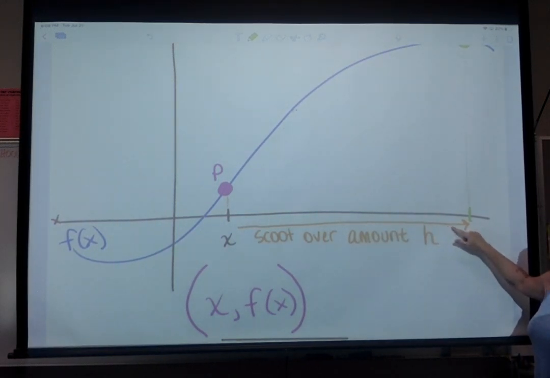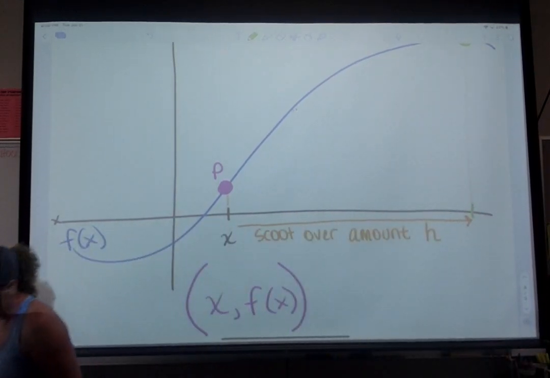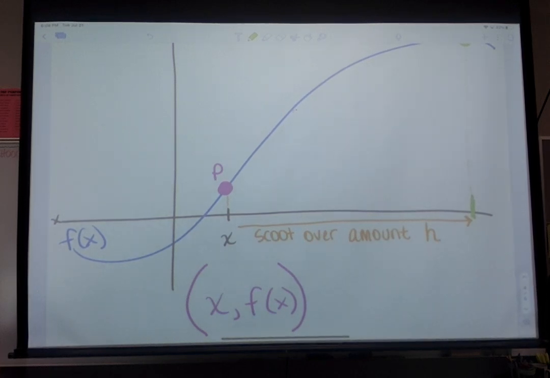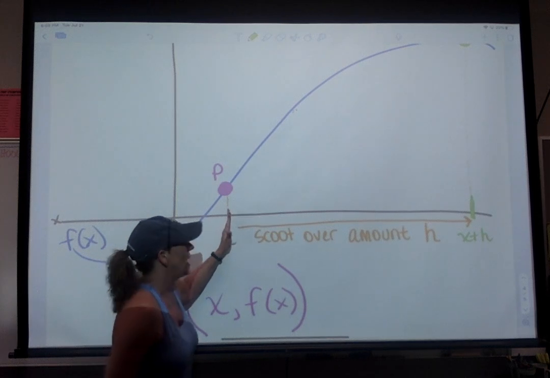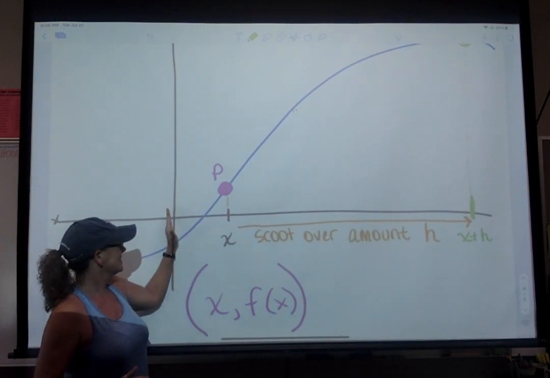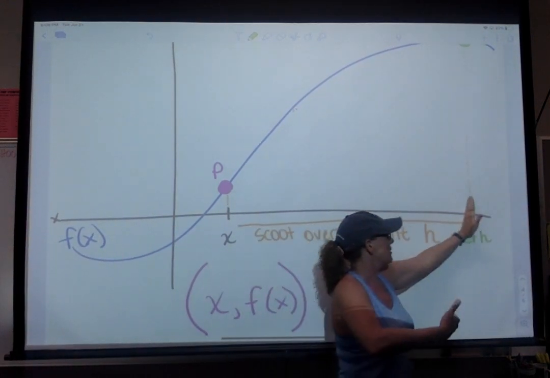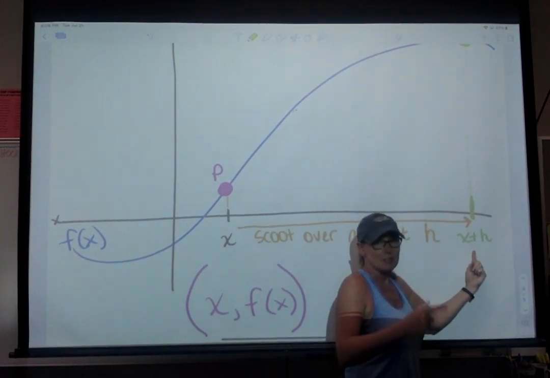How much more? H. Now I think you know what to write here. So right here, you're going to label this X plus H. I know, now some of you are wanting to call this like 5, and you want to call this like 30. No. This distance is X. We scooted over the amount of H, which makes this label X plus H.